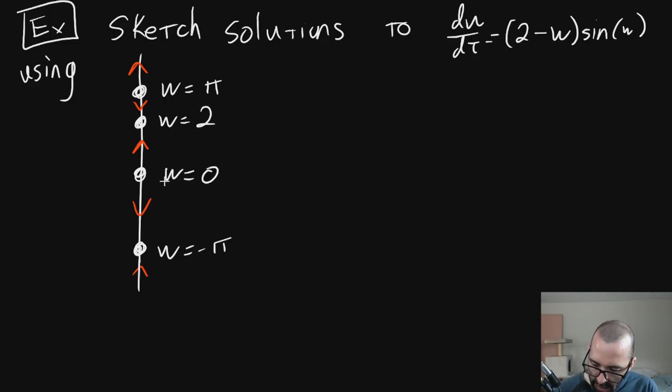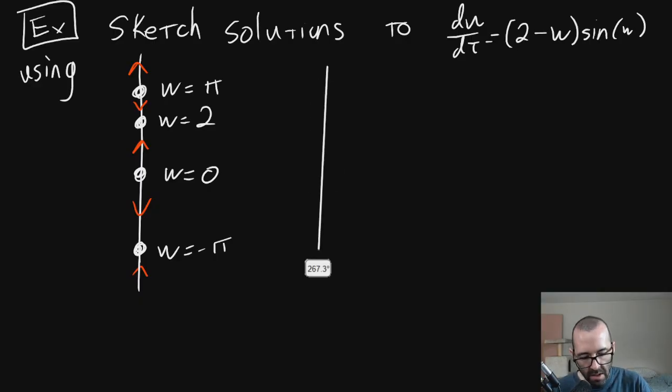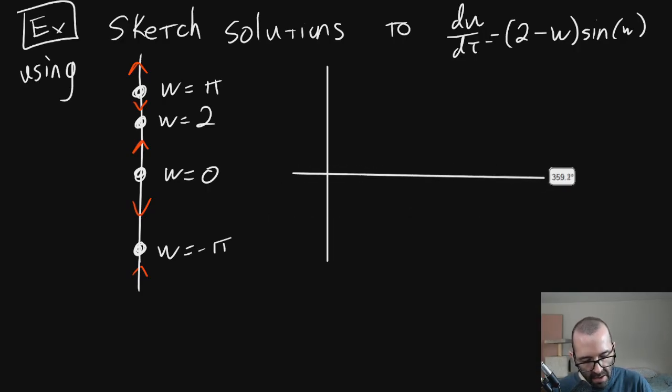So what are solutions going to look like? Well, if we plot our axes, negatives actually do matter here. If we plot our axes over here, let's start by plotting those equilibria in blue.